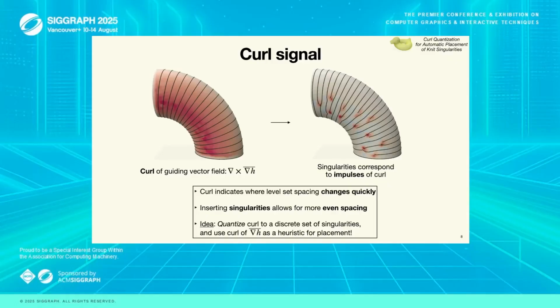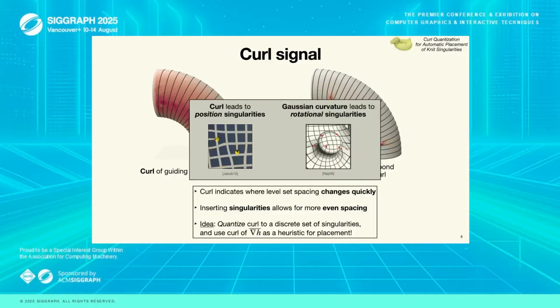And so by inserting singularities, we can allow for more even spacing of the stripes, which is exactly what we want for knitting. Our idea here is to concentrate or quantize the curl to a discrete set of singularities that will eventually correspond to stitch irregularities. And from this perspective, we can see that the continuous curl of the original guiding field is a good heuristic on where to place singularities.